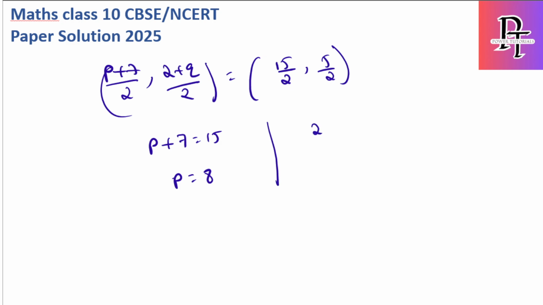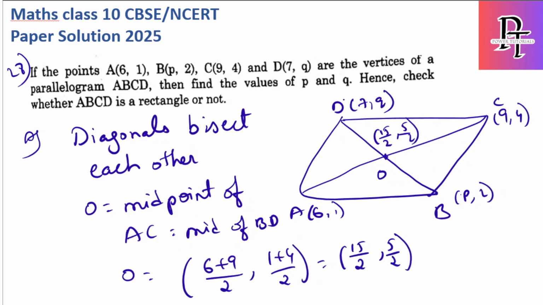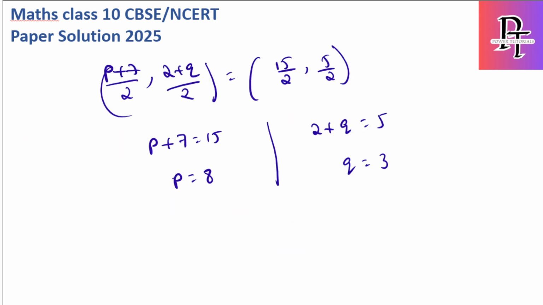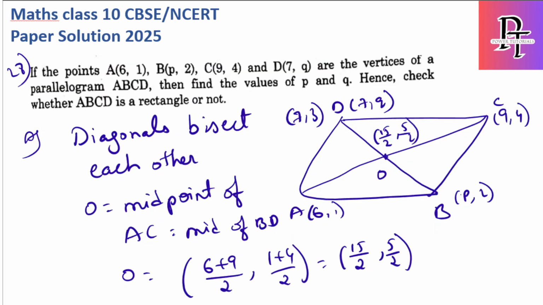Same way 2 + Q is equal to 5, so Q value will be 3. So we got P and Q values, which are 8 and 3. Now I can see here Q is 3, so D is (7, 3), whereas B is (8, 2). Now we have all the 4 vertices.